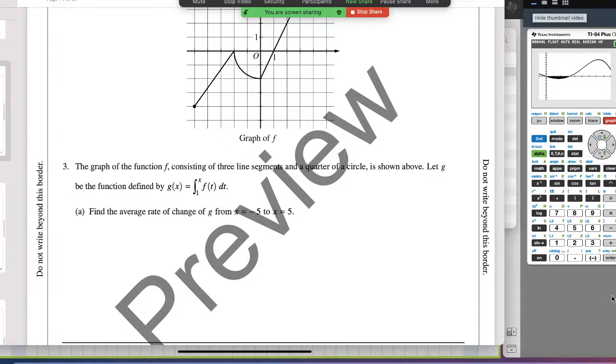So they kind of hit two birds with one stone, ask you average rate of change, a little bit of the fundamental theorem of calculus. They didn't ask the second part of it, but we're gonna talk about the second part because I think the second part is better.